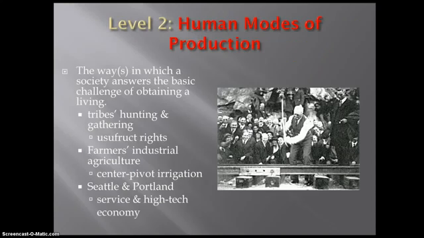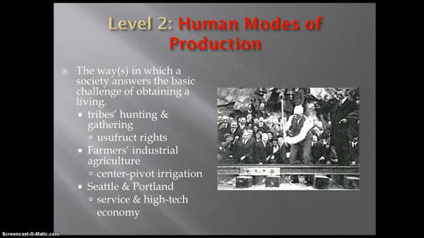Okay, secondly, we need to know about human modes of production. And what we mean by modes of production is essentially, how is it that a certain society meets the challenges of eking out a living, right?